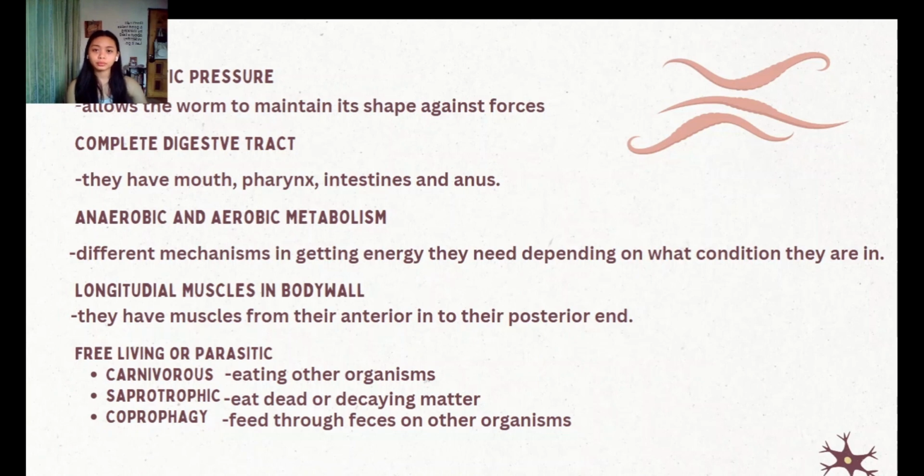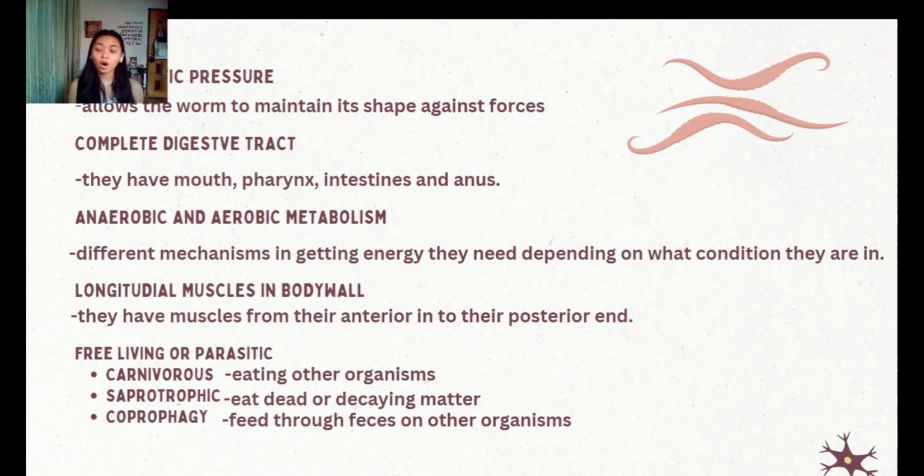roundworms. So, our nematodes have a fluid-filled or hydrostatic skeleton in them, which allows the worm to maintain its shape against forces. They also have a complete digestive tract: the mouth, pharynx, intestines, and anus. They also have gland cells and a tunnel system for excretion.